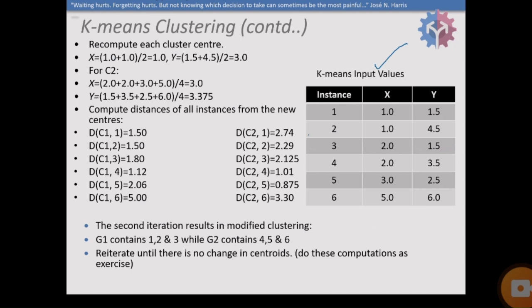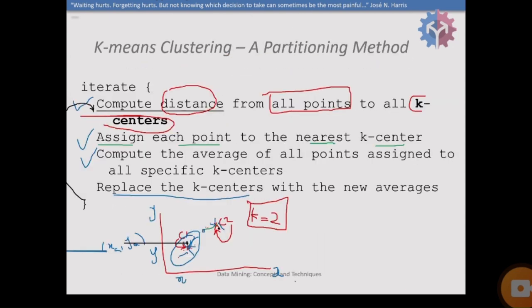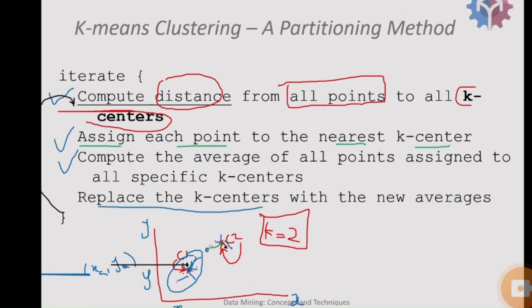Cluster 1 has points 1 and 2, right? And the rest of the points are in cluster 2. So what did I tell you? How do you find the new cluster center? Anybody remember what I said? Replace the K centers with new averages.